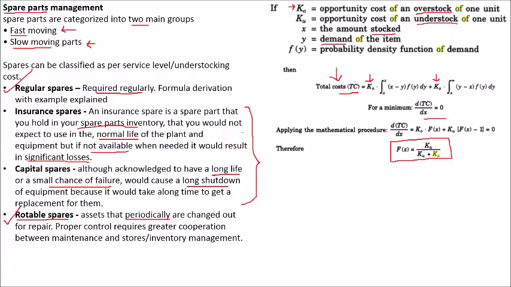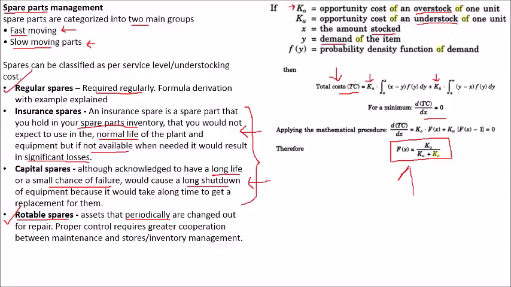However, in capital spares it will cause a longer duration. So that's called capital spares. These are the different spares based on the service level, guys, and only for one type, regular spares, we derived a formula here.